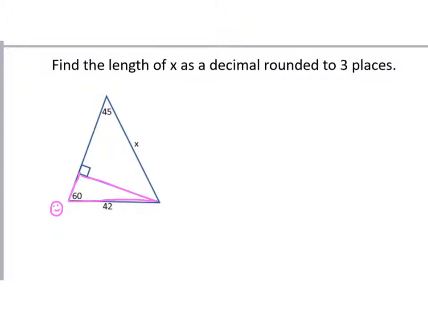And this is my right angle. My hypotenuse is here. And I need to find this side, my opposite side. So I could say, all right, sine of 60 equals opposite over hypotenuse.